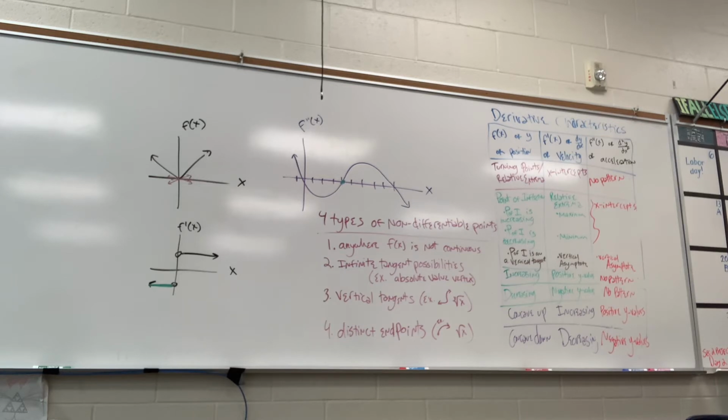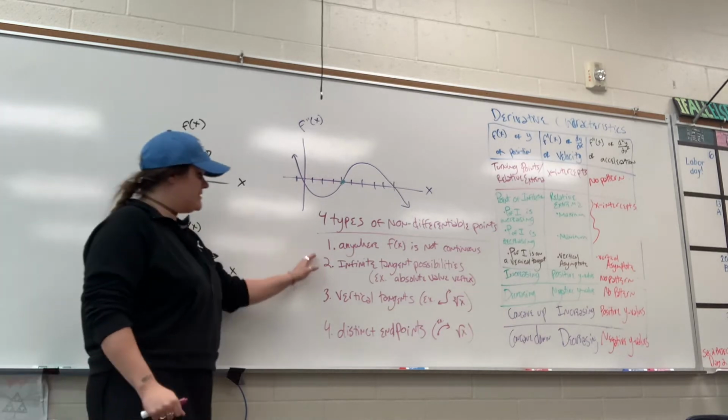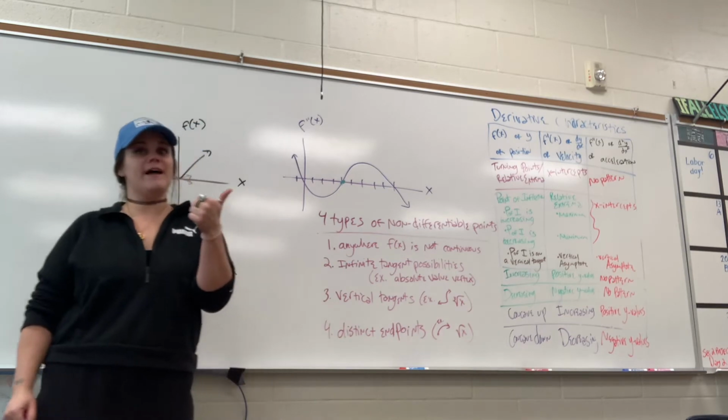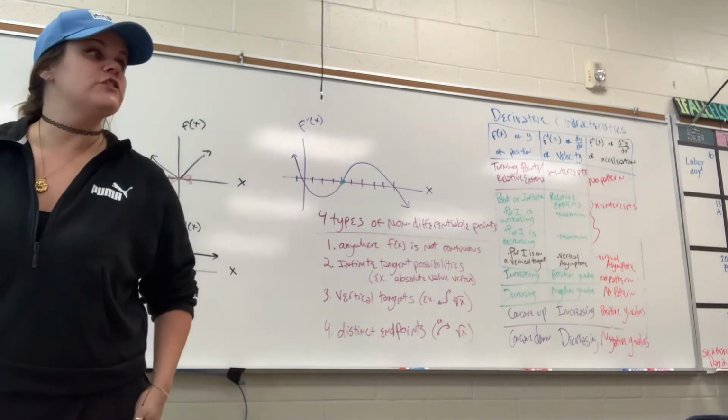Meaning, when I sketch these graphs, these types of things are either going to have a vertical asymptote, a jump, or a hole in the derivative graph. We've got three types of discontinuities, right? Vertical asymptotes, jumps, and holes, okay? So when I have an f of x graph that contains one of these four things, they are going to make either a vertical asymptote, a jump, or a hole on the first derivative graph.